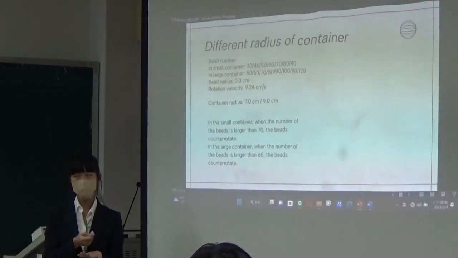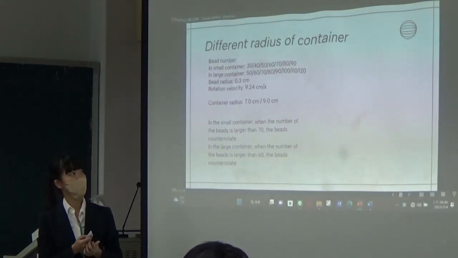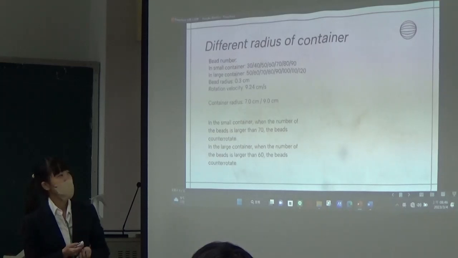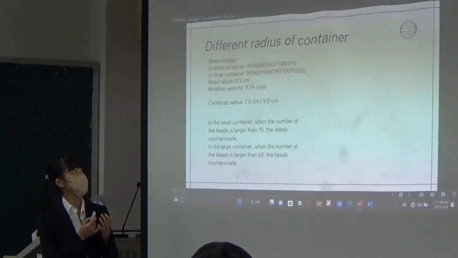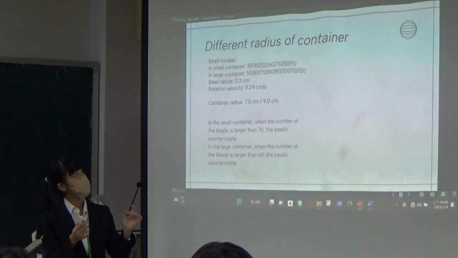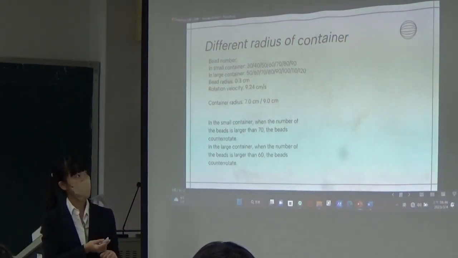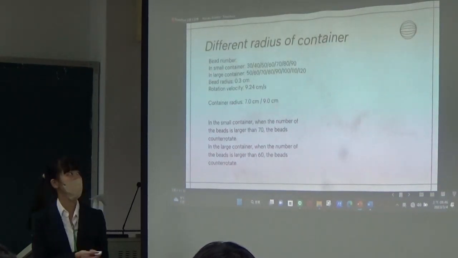And the second variable is different radius of container. This time we fix the bead number. In the small container, we use 30, 40, 50, 60, 70, 80, and 90.